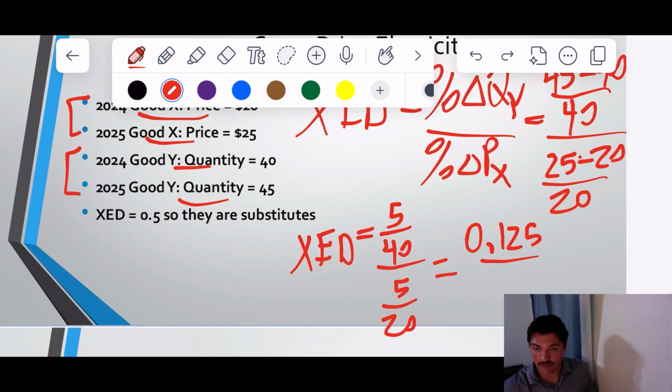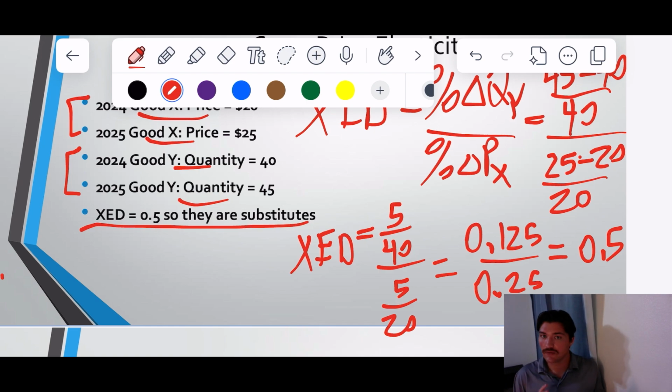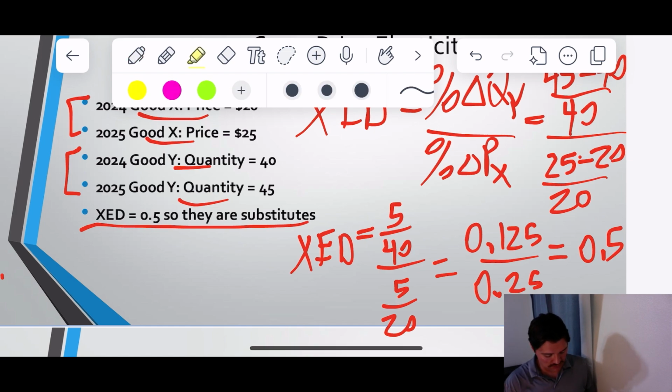If you did 5 divided by 20 here, you would get 0.25. So that would give you 0.5. Okay. So 0.5 is just showing you how sensitive they are, but it is a positive number, so they are considered substitutes.